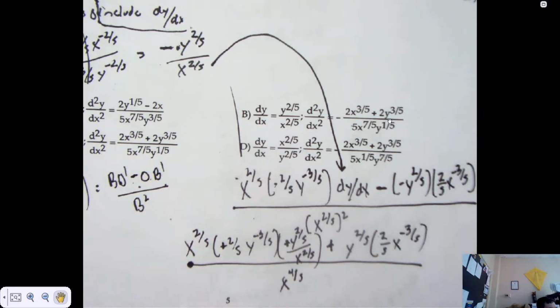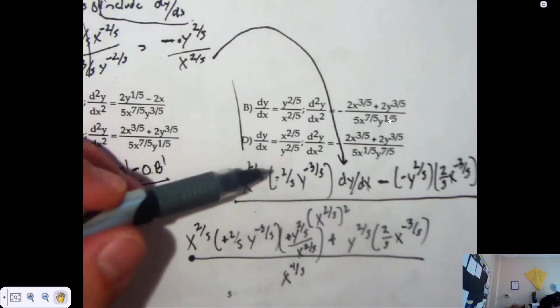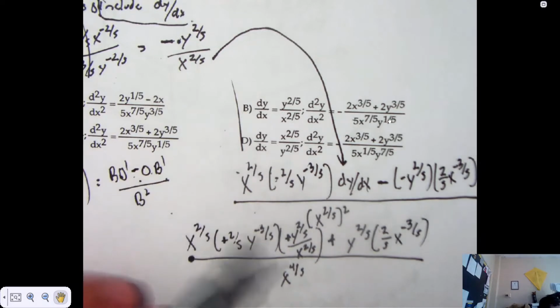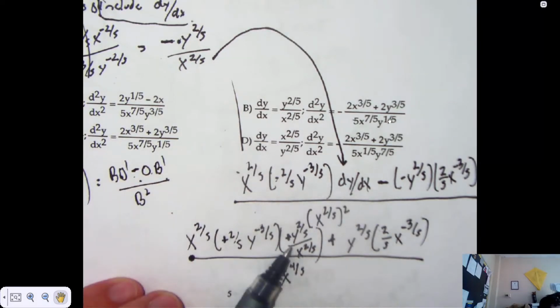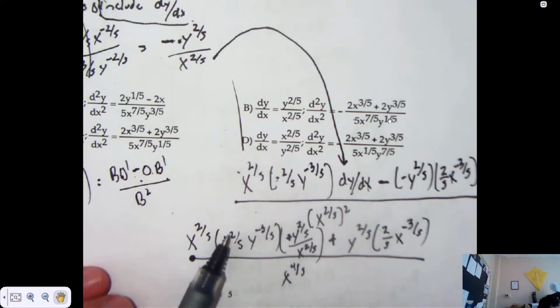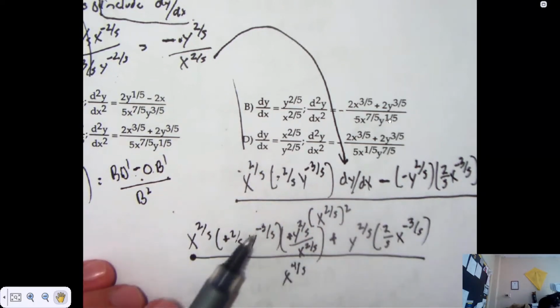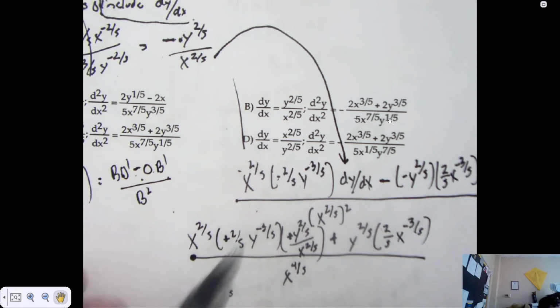The mistake is not there. I introduced the former derivative y to the 2/5 x to the 2/5. Change that. Negative times negative became positive. So the mistake hasn't been made yet.